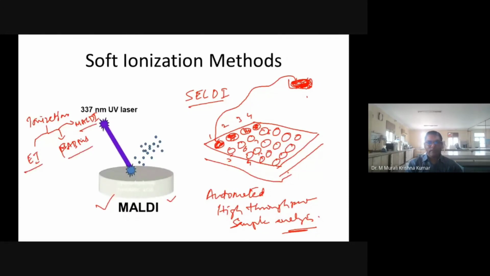In each one of them, we have seen what are the advantages and the disadvantages. We will discuss in detail regarding all these in combination with hyphenated techniques like GC-EAMS, LC MALDI TOF. Regarding those techniques, we will see in detail in the coming lectures.